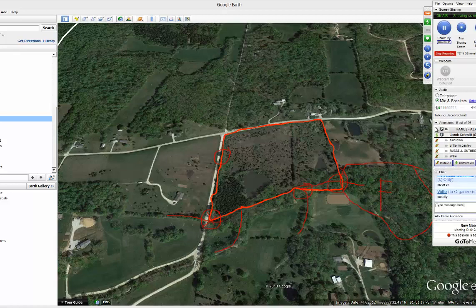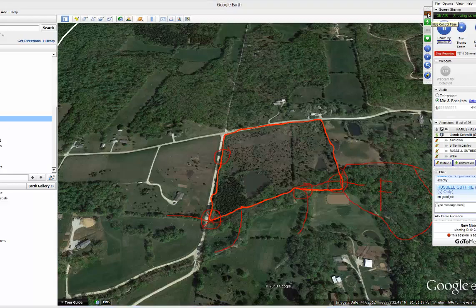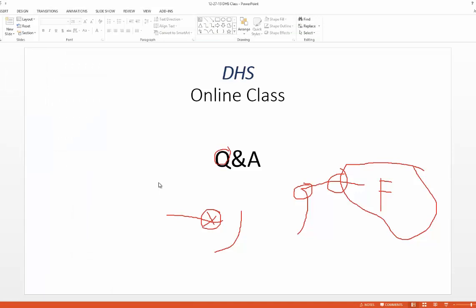Guys, there's a box you can type in if you have any questions. All right, we're basically done. The only other thing is I'm going to give something away, if I figure out how to use my computer again.